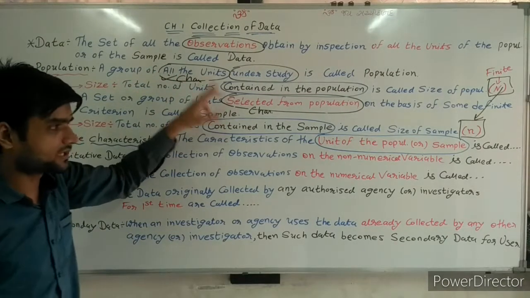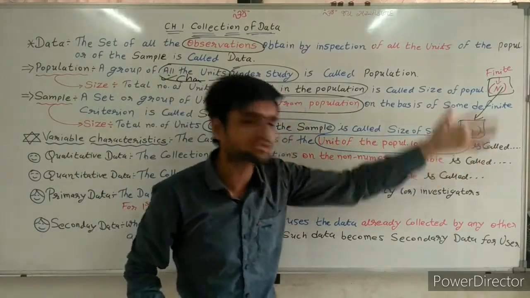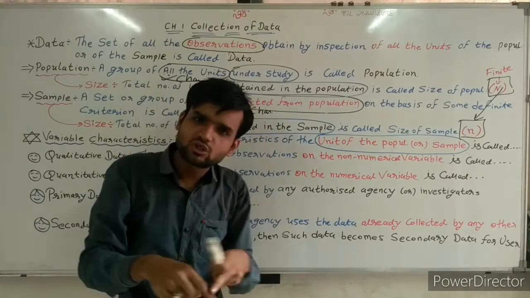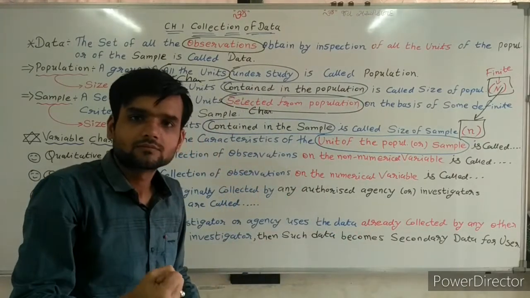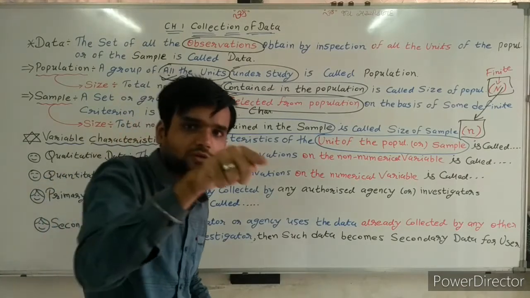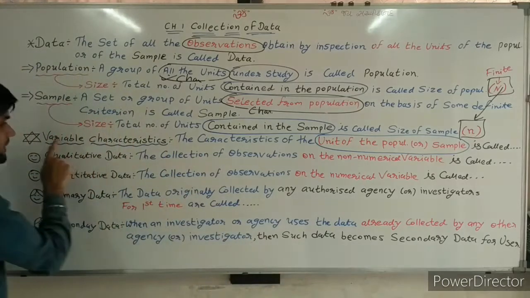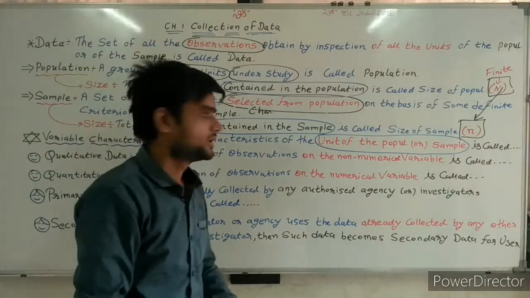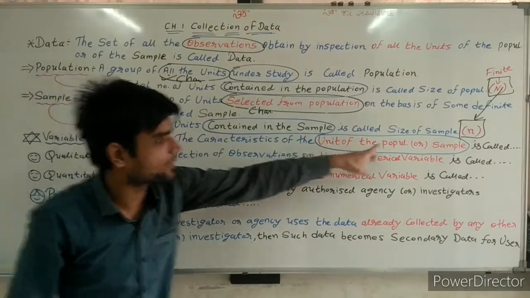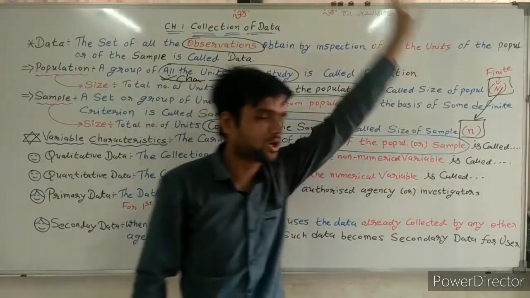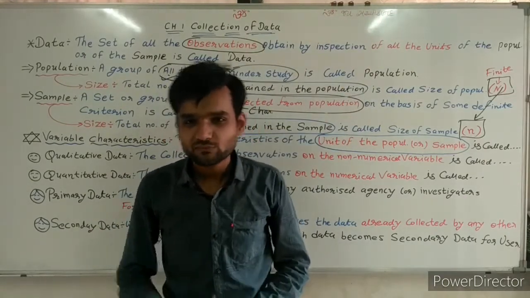So these two are the units of the population or sample. All the units or sample units we are observing and getting the nature of that particular variable, then variable characteristics is there. So we can write again: the characteristics of the unit of the population or sample is called dash dash dash. Simple. Going ahead.